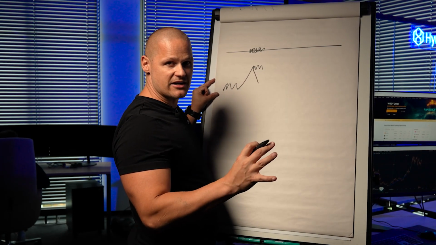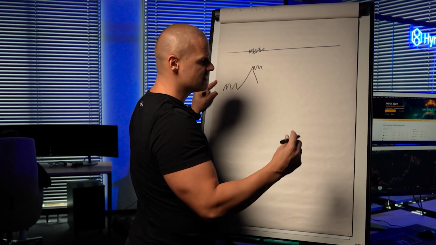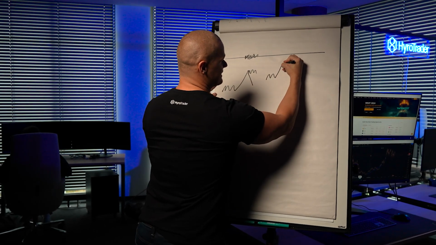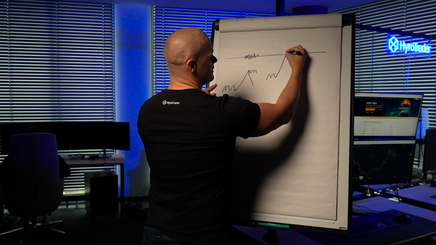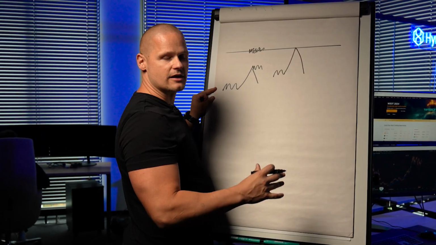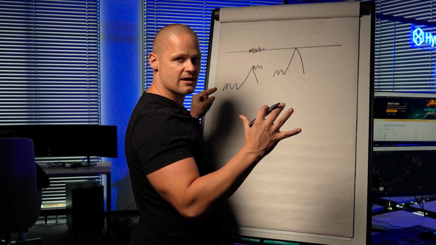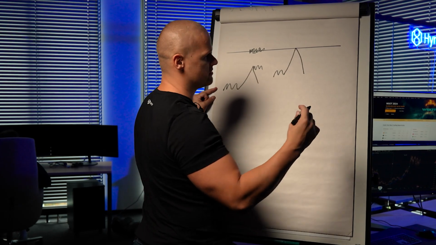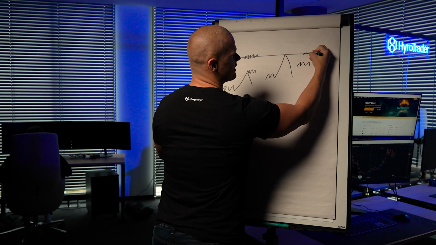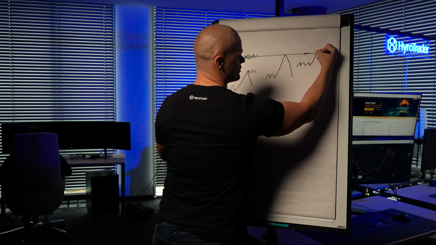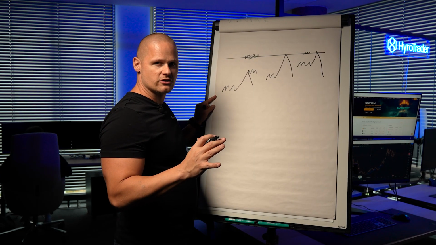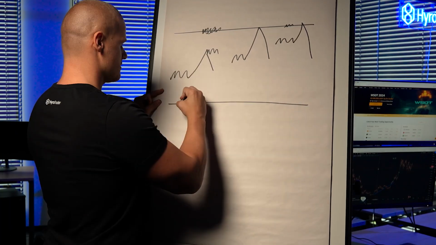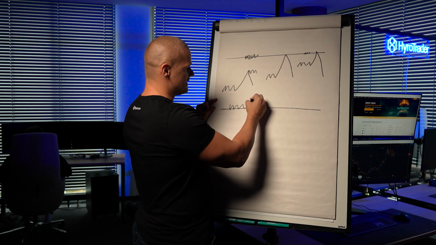But if we got expansion starting from the consolidation again, so we got the consolidation, expansion to the key level, and mostly comes reversal. If you have range but not on the key level, then you expect manipulation. But if you have a range on the key level, you can expect expansion.